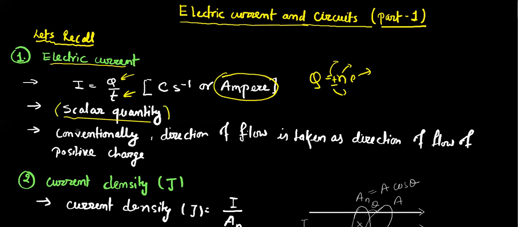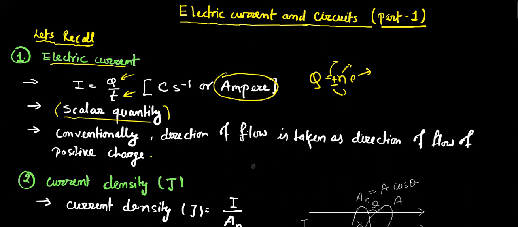Then we have to discuss the sign convention. In general, the direction of flow of current is taken as the direction of flow of positive charges, but in reality positive charges do not migrate.